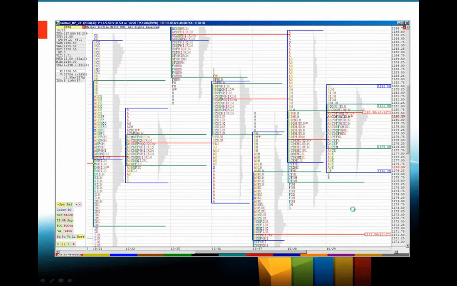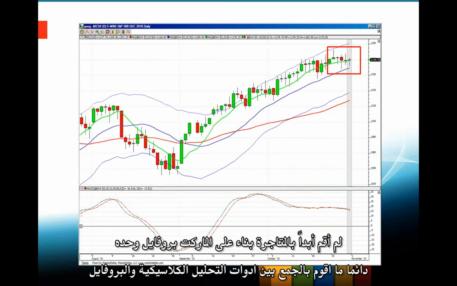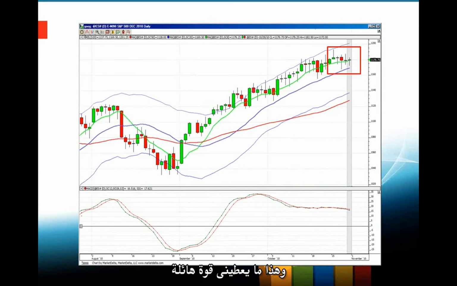Before we begin to look at how we're going to trade, I just wanted you to look at the same picture from a traditional perspective, using candlesticks. I never trade using strictly the profile. I always integrate both my traditional analytical tools with the profile, and that really gives me tremendous leverage.